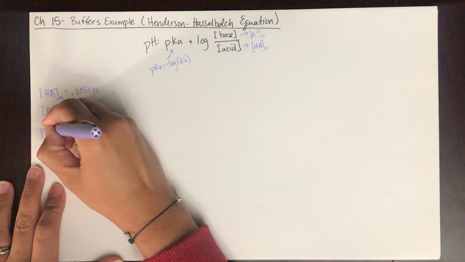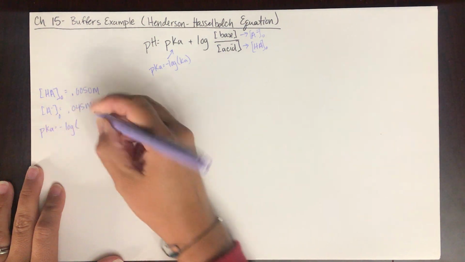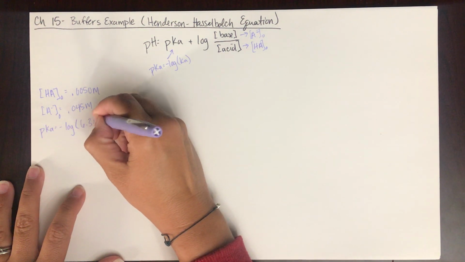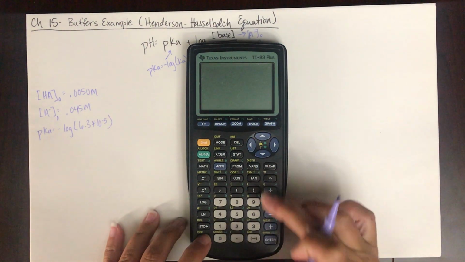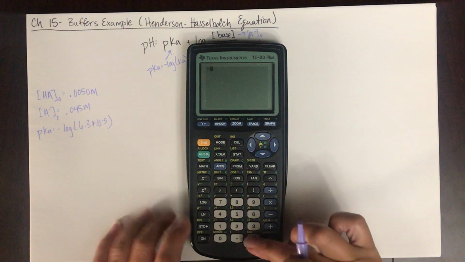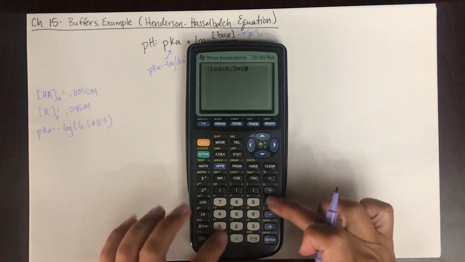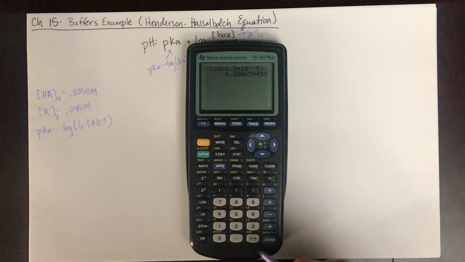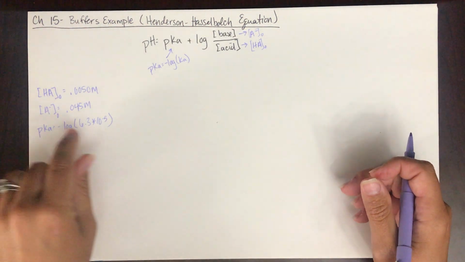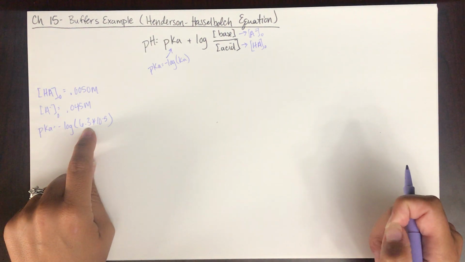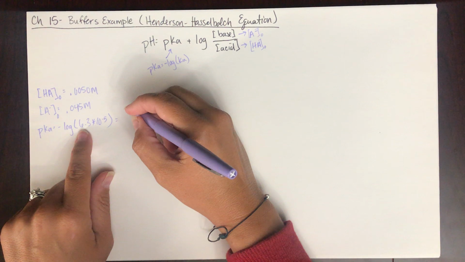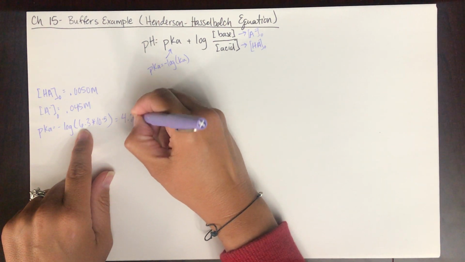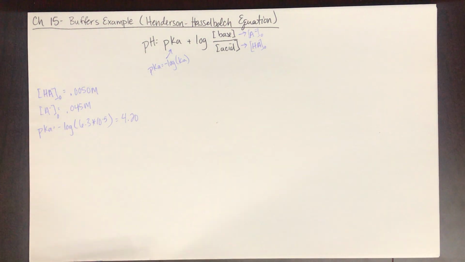So pKa is the negative log of the Ka, 6.3 times 10 to the negative 5. Let's see what that is. 4.20. Remember, anytime you're taking a log, the number of significant figures in the value that they took the log of is the number of decimal places in your log. So the pKa is going to be 4.20 in this problem.